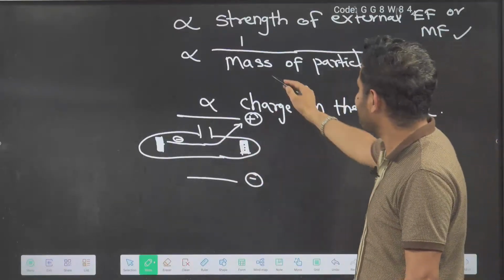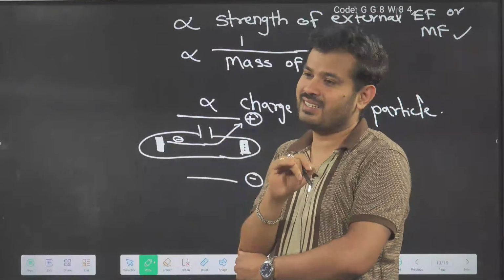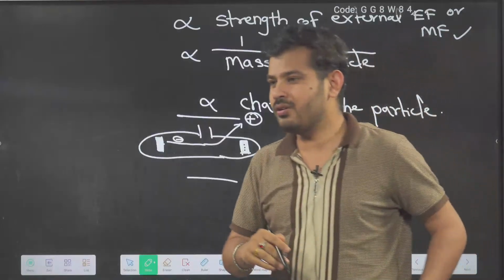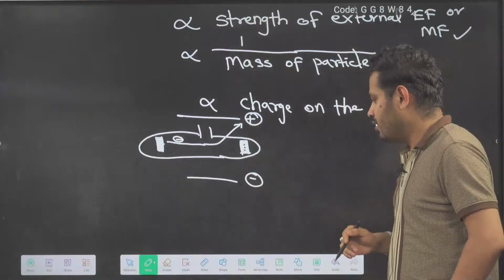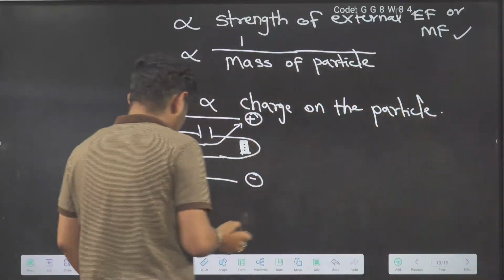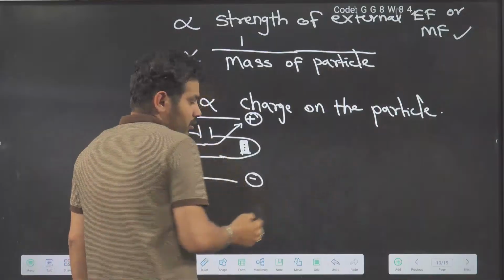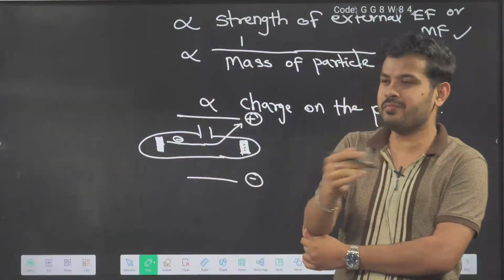The second point is the mass of the particle. If the mass of the particle is very small, then it can run faster, right? Suppose I am talking about a Bullet bike and a sports bike.